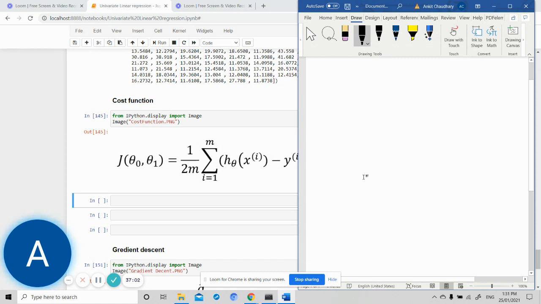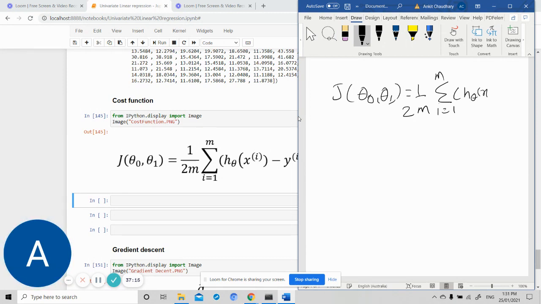What does this equation mean? J of theta naught comma theta 1 equals 1 by 2m, sum over i from 1 to n, of h theta x of i minus y of i, whole square. The square is taken to eliminate the negative and positive values. This is also called mean squared error.